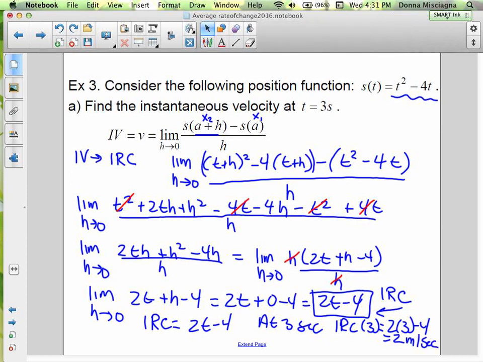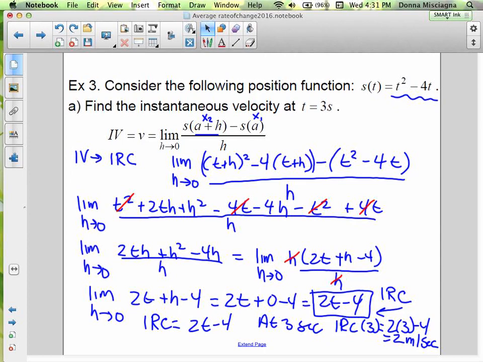Right, so that 2 meters per second is our instantaneous rate of change at 3 seconds. Okay? It's going to be different at 4 seconds and 5 seconds and so forth. But once we have our function to calculate our instantaneous rate of change, all we have to do is plug that in, and we can find our instantaneous rate of change.